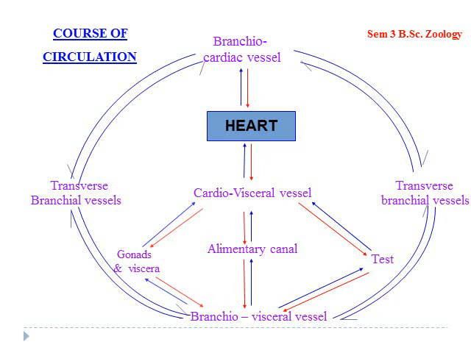So when the heart contracts from anterior towards the posterior, the blood flows in that direction. That is, blood flows from the heart towards the cardiovisceral vessel. Is it clear? When the heart contracts from anterior to posterior, that is from before backwards, the blood flows from the heart to the cardiovisceral vessel, and simultaneously there is blood flow from the brachiocardiac vessel to the heart.